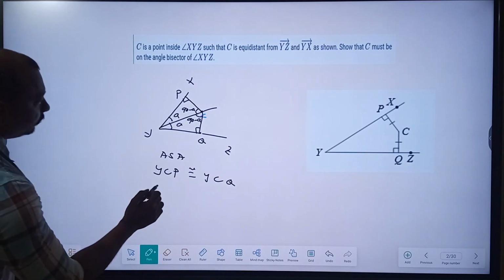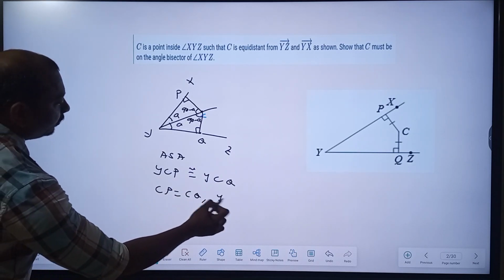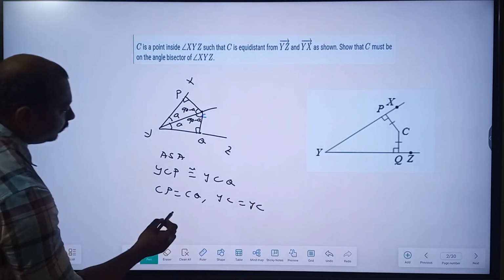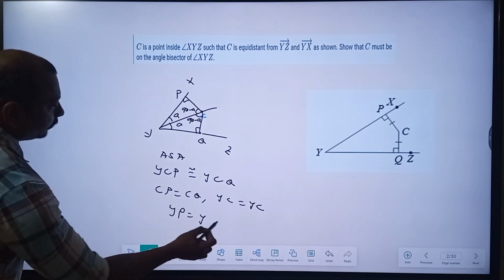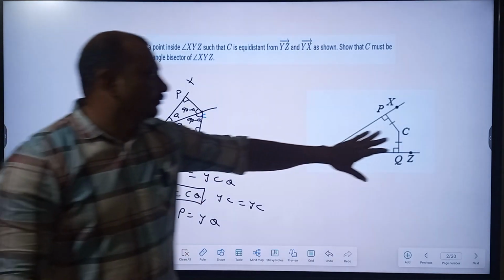From this we can write CP equal to CQ, YC equal to YC, and YP equal to YQ. That is only what they are asking.